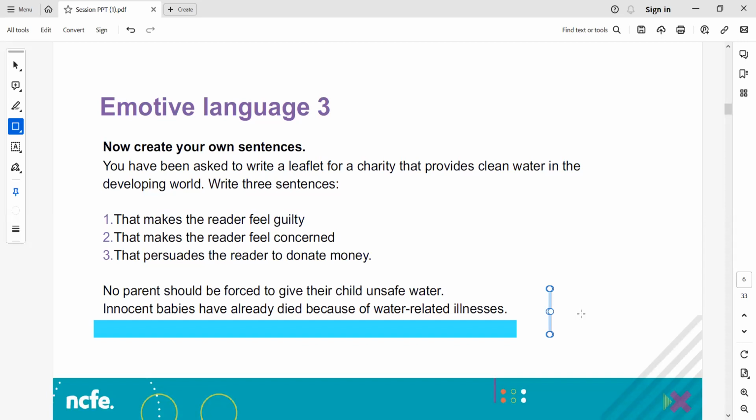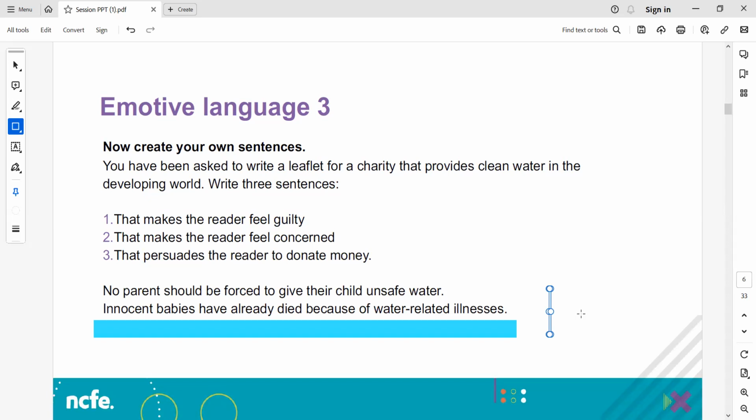Okay, so you're trying to put an image into people's heads, into their imagination, so that they become concerned. So your choice of vocabulary, your choice of emotive language will lead to them being concerned.